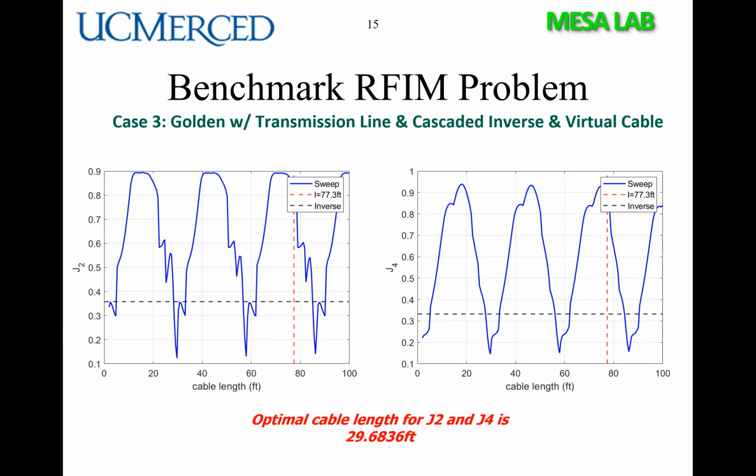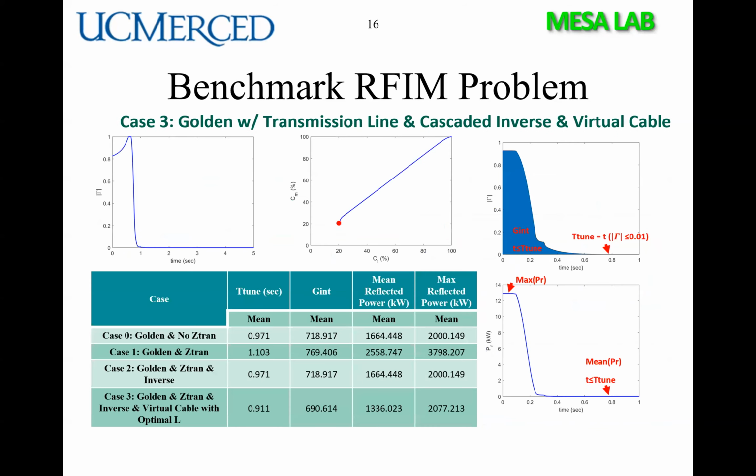And if we check the optimal cable length, one of the minimum points in these J2 and J4 graphs, and select the shortest cable, it's around 29.6 feet for the best cable case.